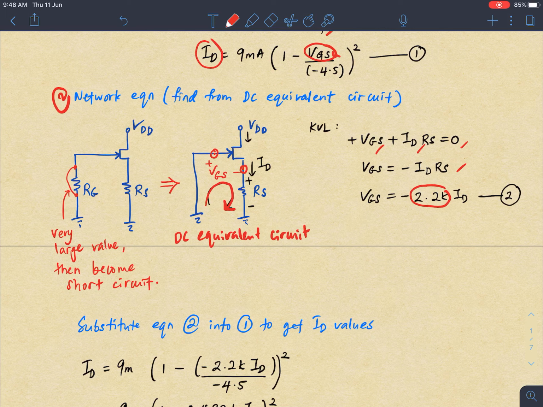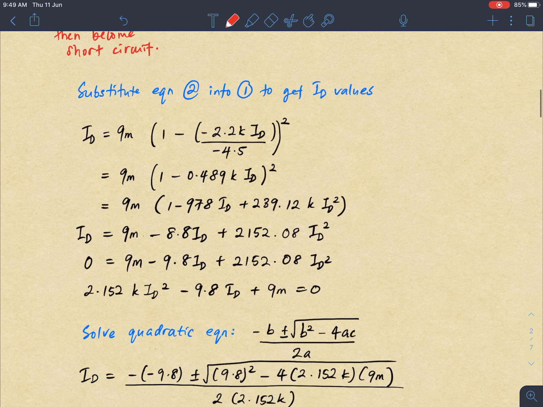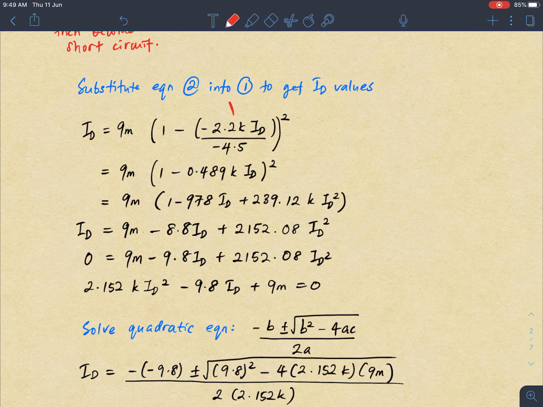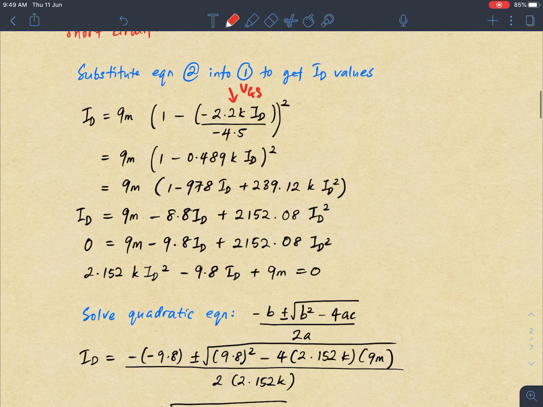So this is equation number 2. Okay, we have two equations right now. So substitute equation 2, the VGS, inside the ID. Then we solve it.